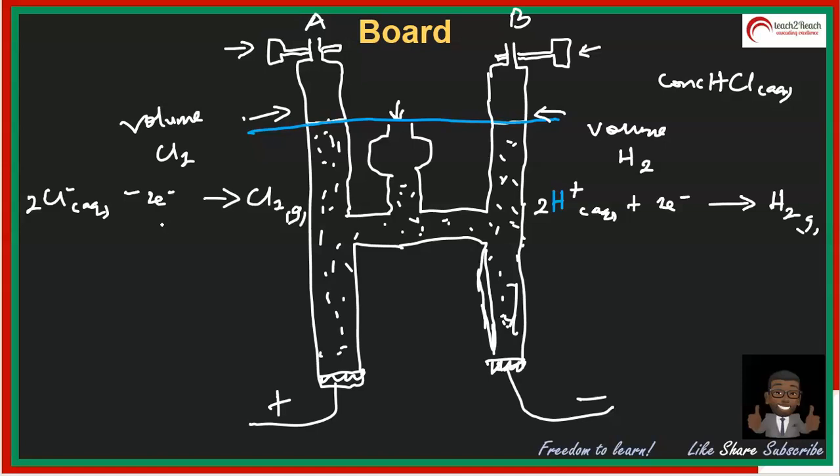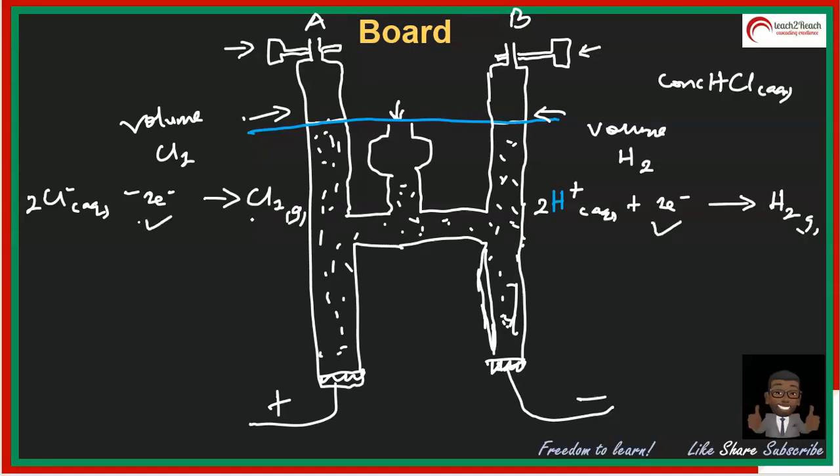So you can see here, look at the amount of electrons lost or gained. Are they the same? Yes, the amount of electrons lost and gained is the same. That is number one thing to look at.